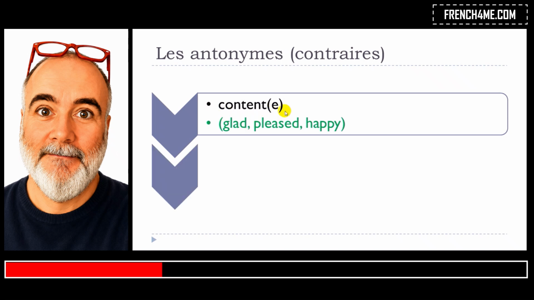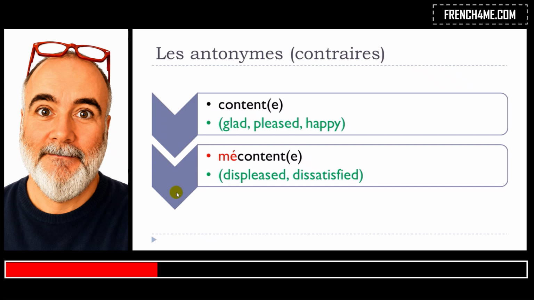All right, and then if you want to construct the opposite, you will get this mé: mécontent, and then the feminine form, mécontente. Okay, so content, mécontent, and then the feminine, contente, mécontente.